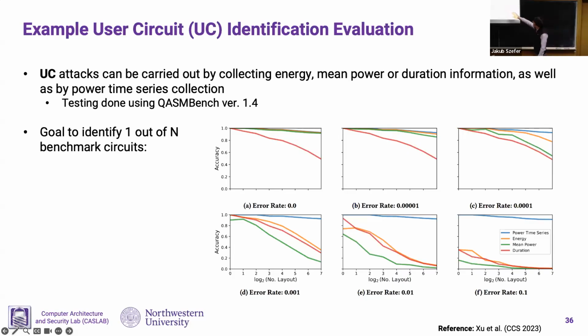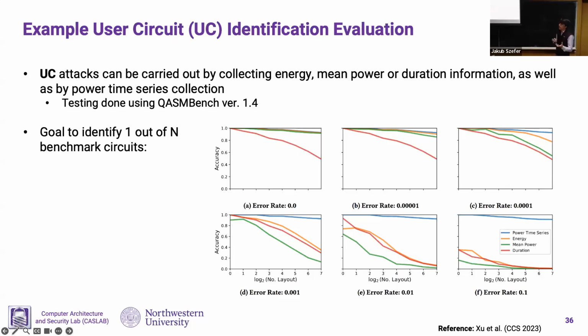And then as you add more noise to this, it becomes harder to identify the circuit, but a simple power trace over the execution of the qubits is sufficient. So I think the takeaway message here is that even something simple like average power, or the total time to execute the circuit, is enough to tell you which circuit of n circuits.